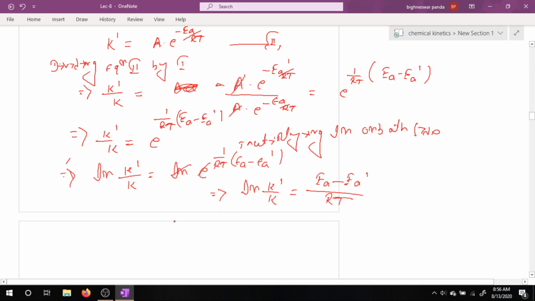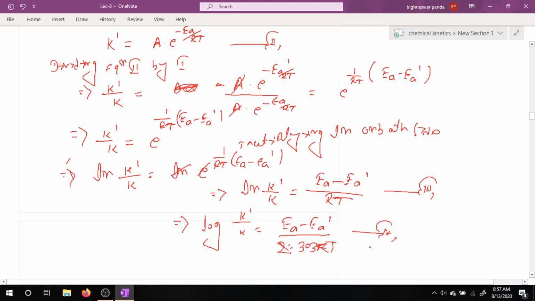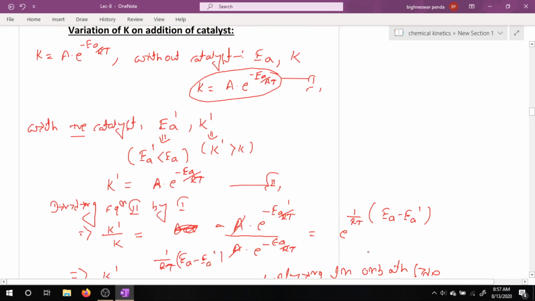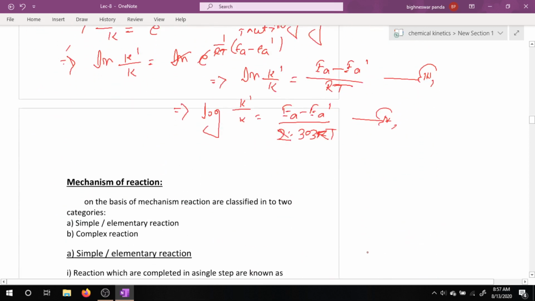If I have to convert ln to log, then it will be log K dash by K is equal to Ea minus Ea dash by 2.303 RT. So this is all about variation of K on addition of catalyst.